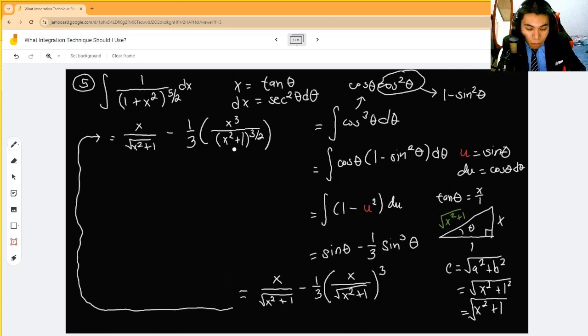And we can further simplify this by factoring out x, and then dividing by the denominator, the 3.